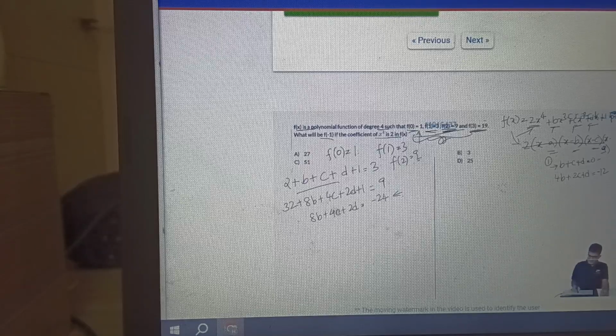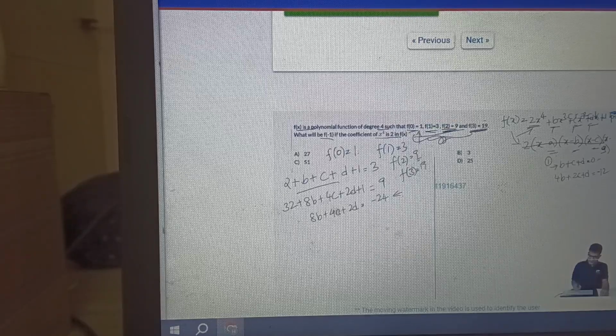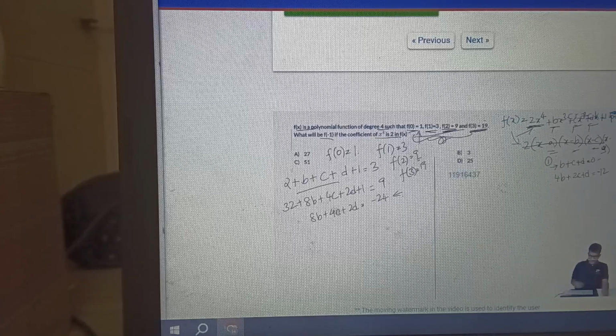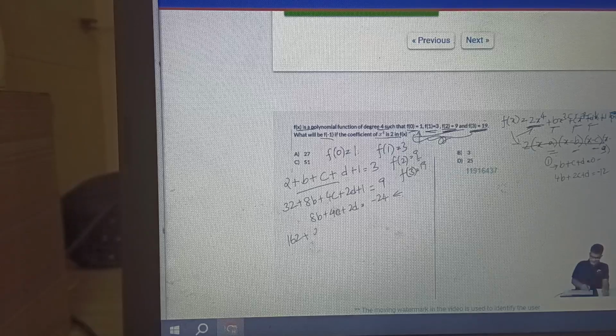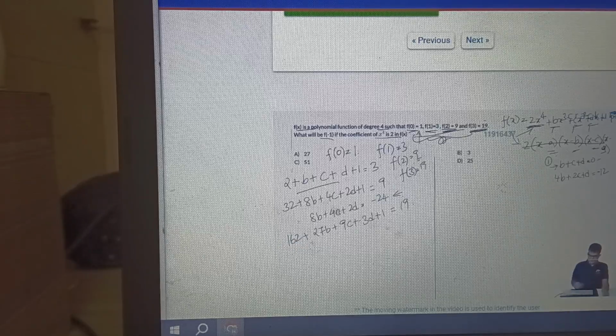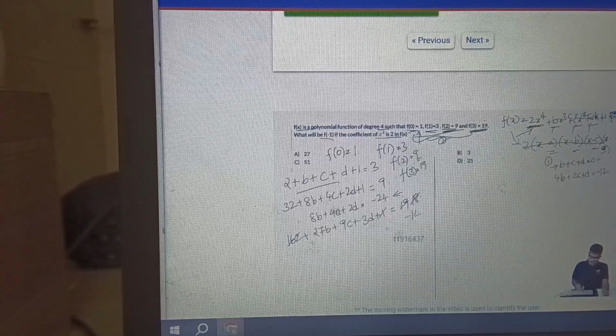The last equation that we are going to get is that f of 3 is equal to 19. If f of 3 is equal to 19 and you substitute the value of x to be equal to 3, 2 into x to the power 4 will become equal to 2 into 3 to the power 4, that is 2 into 81, which is equal to 162, plus bx cube will be 27b, plus cx square will be 9c, plus d into x is 3d, plus 1 is equal to 19. 19 minus 1 is 18. 18 minus 162 is minus 144.